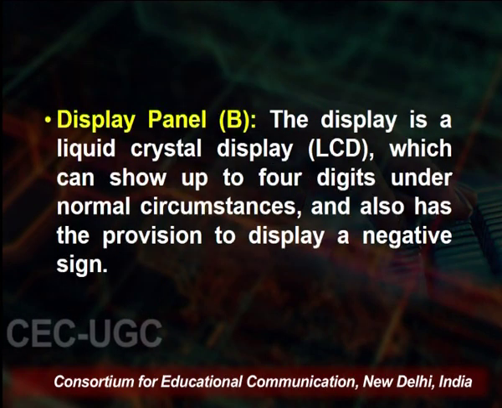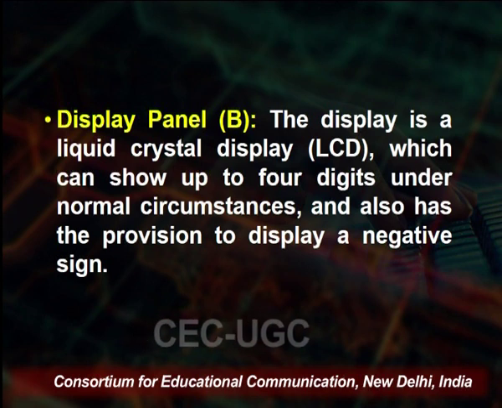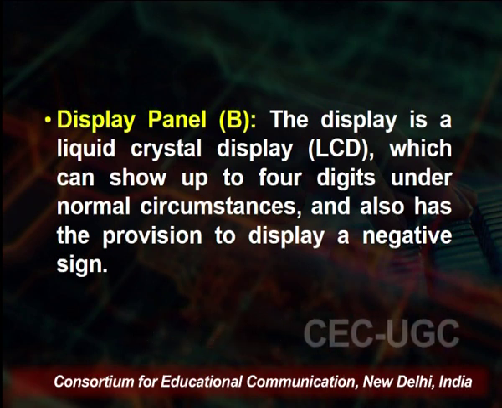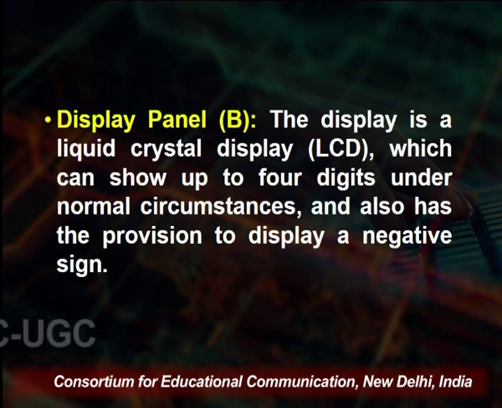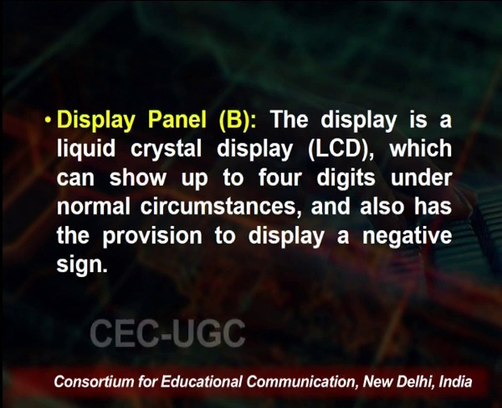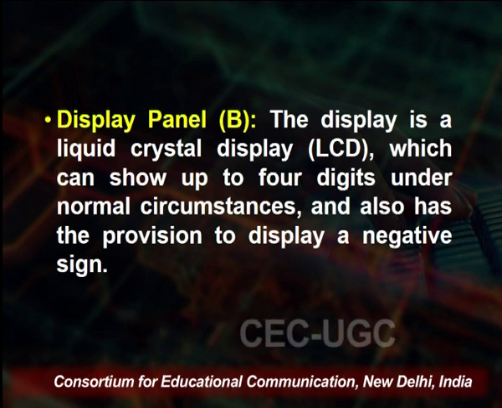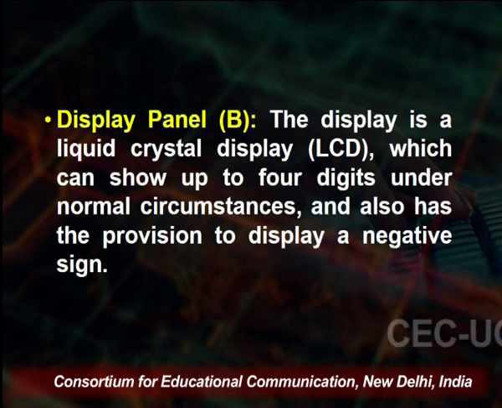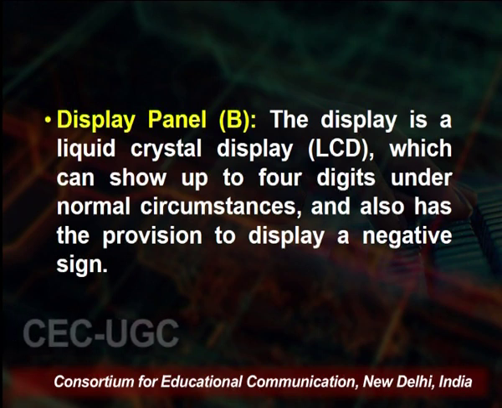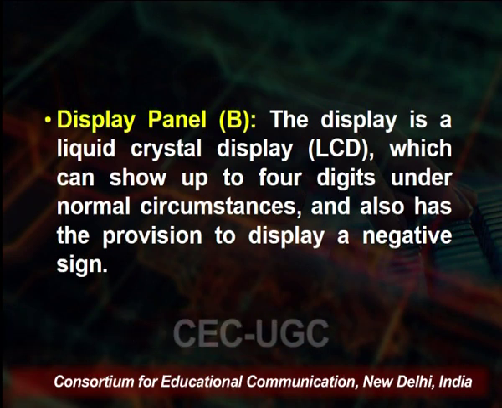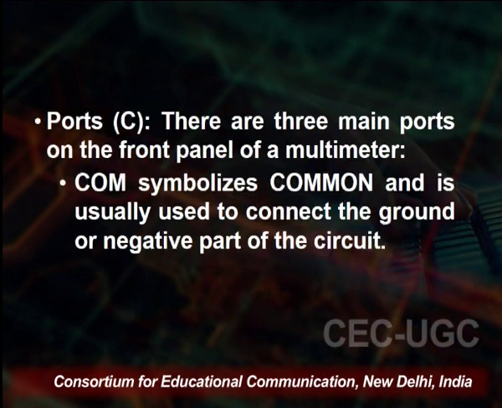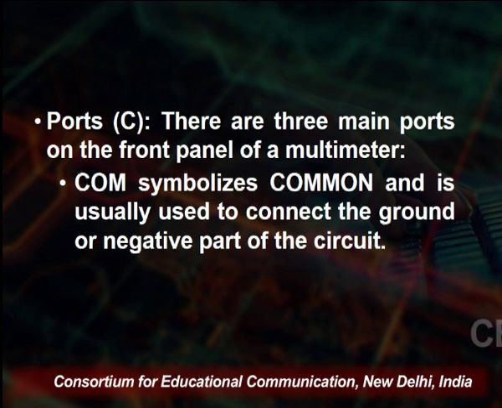Another is the display panel, which gives the value of the parameter we are measuring. It is a liquid crystal display, a normal display which can show values up to 4 digits under normal circumstances, and also has a provision to display the negative sign. A negative value is also displayed on the display board.